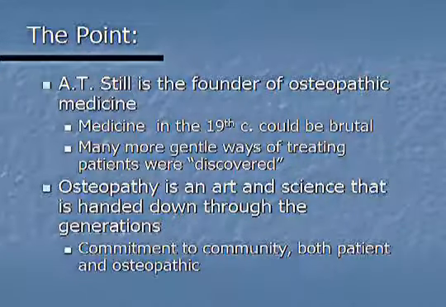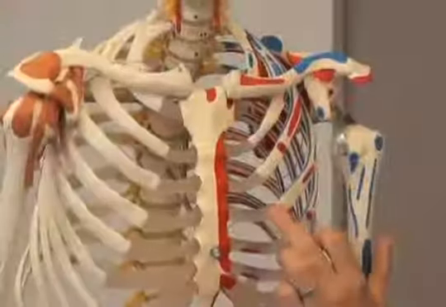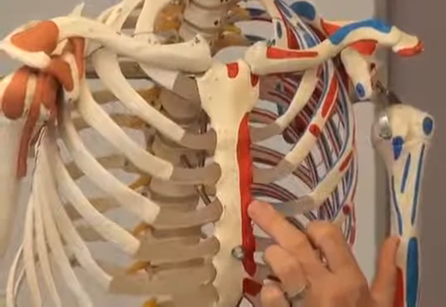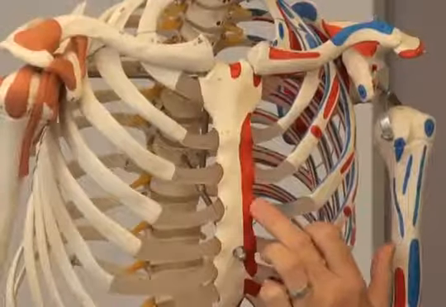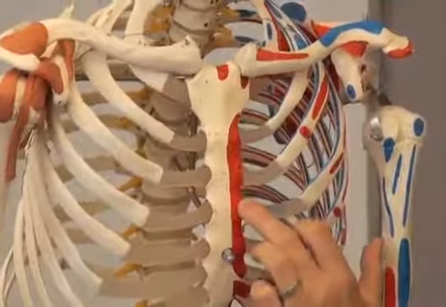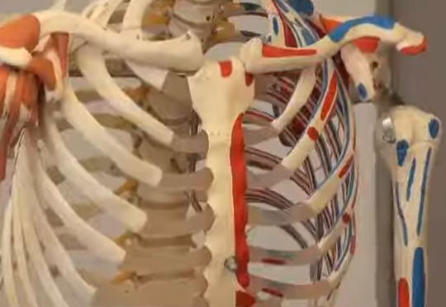Osteopathic medicine, when he started it in the 1800s, was a change and a move towards a more holistic medicine that looked at structure and function and trying to find more gentle ways of treating patients. There are many techniques in osteopathic manipulative medicine, and this course is meant to give you the core treatments and to be able to become effective with those.